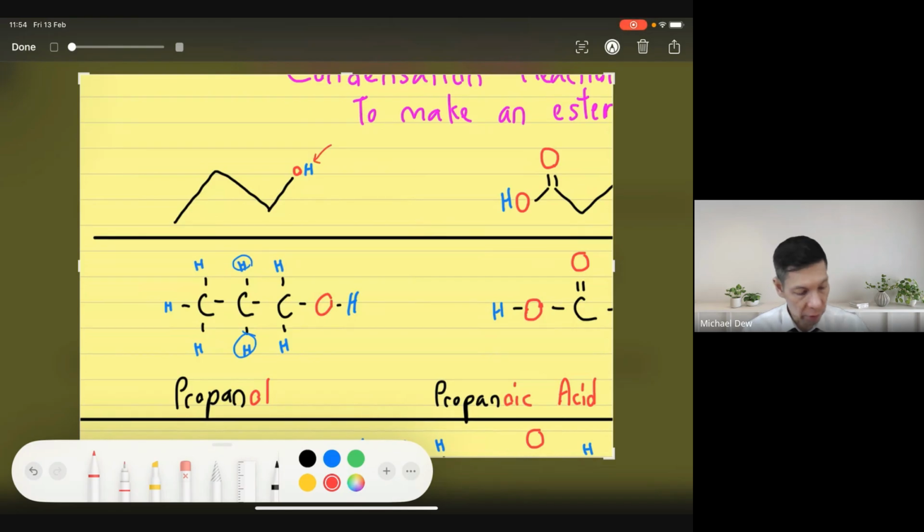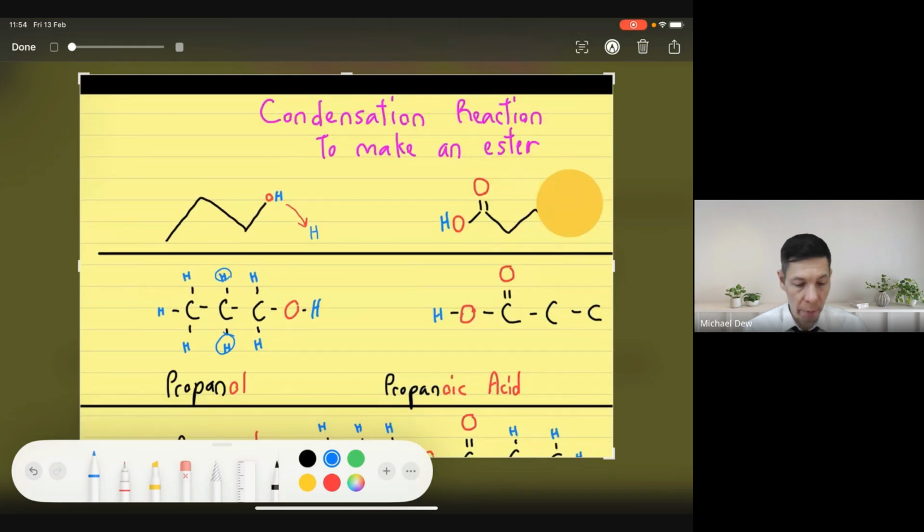So the H needs to come out, and then we need the OH over here as well. That gives us O with an H, and when you put that together, we have H2O.